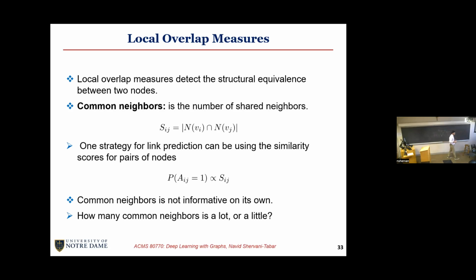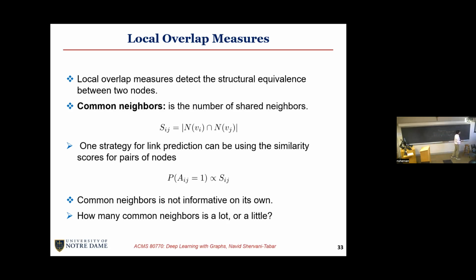Now, the issue with this type of definition is that, say two nodes have 3 neighbors in common, you don't really know without seeing the graph. Is 3 a lot? Does 3 mean that they are very similar to each other? Or they have a ton of connections, but only 3 of them are mutual connections. So it doesn't say anything by itself.